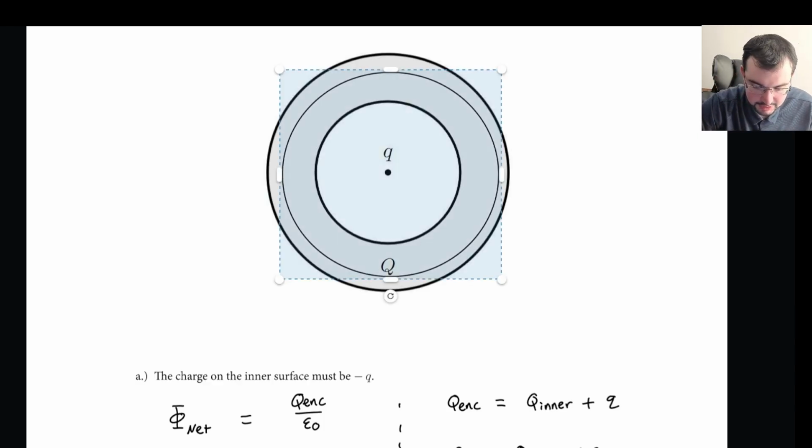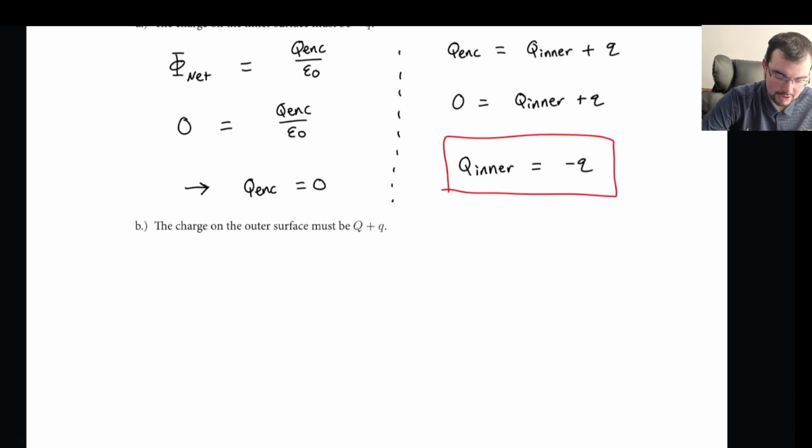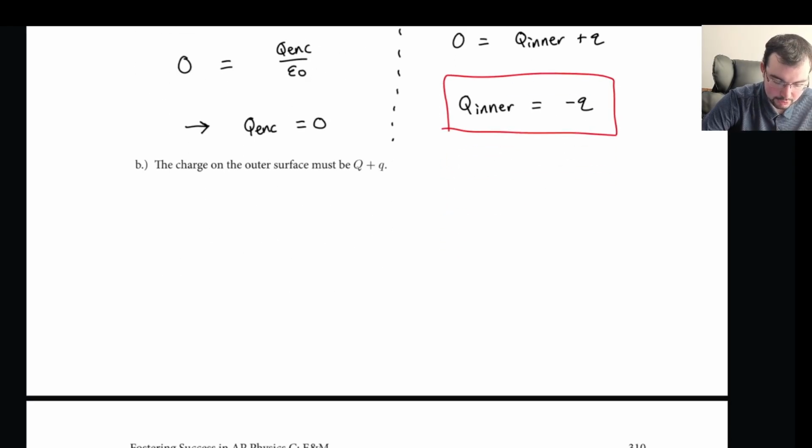We actually know it's going to be minus q. So along this surface, spread out is a charge negative q. It's canceling whatever it's looking at inside the cavity. The charge on the outer surface, therefore, must be the net charge of the system, big Q plus little q.